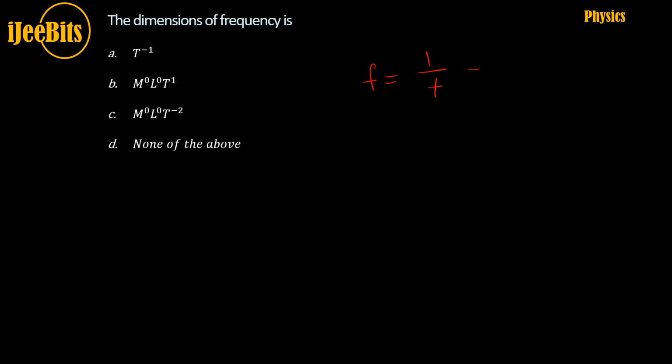So we depend only on time, not on mass or length, and it is T power minus 1. By looking at this, we know this is the dimensional formula for frequency. If you look at the options, T power 1 is wrong, T power minus 2 is wrong, and none of the above is wrong. M power 0, L power 0, T power minus 1 is the right answer.